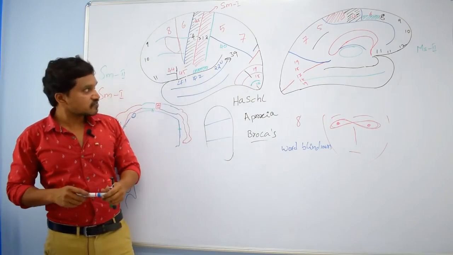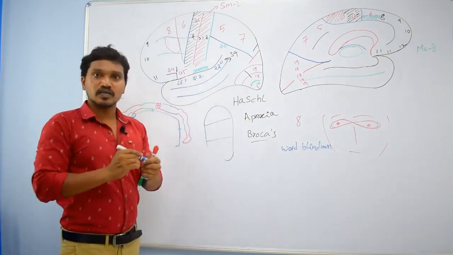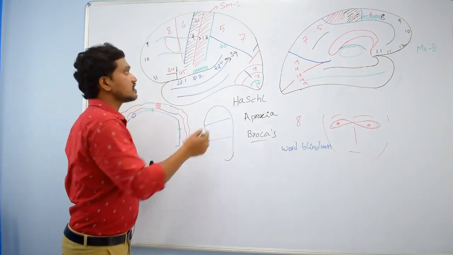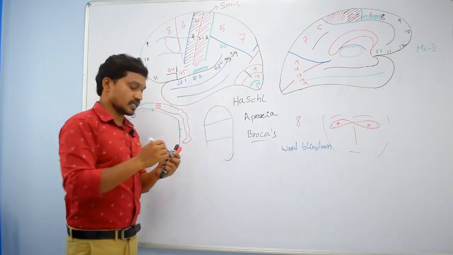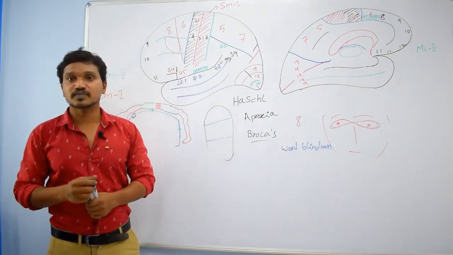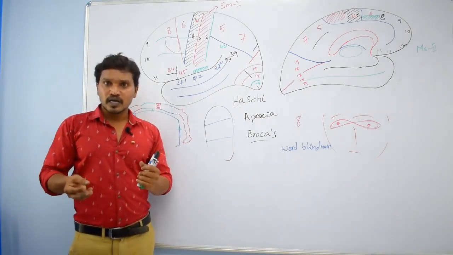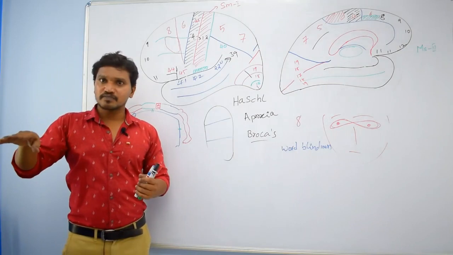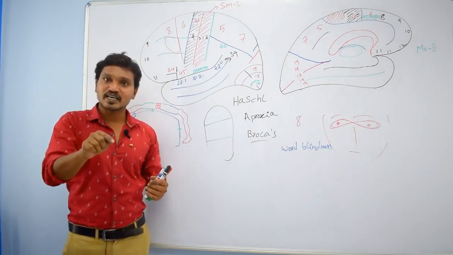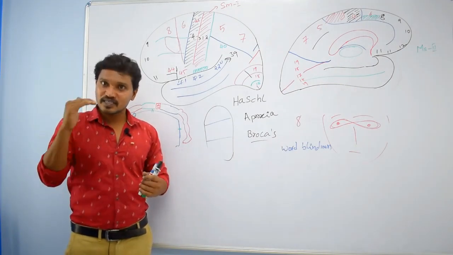Clear? If there is injury to this area, he cannot hear, and if there is injury to Wernicke's area, it leads to sensory aphasia. Sensory aphasia means he will be speaking very fluently with frequent incorrect and empty words within his sentences.